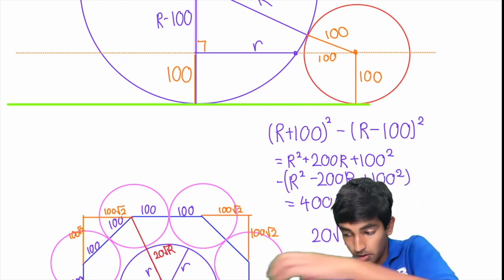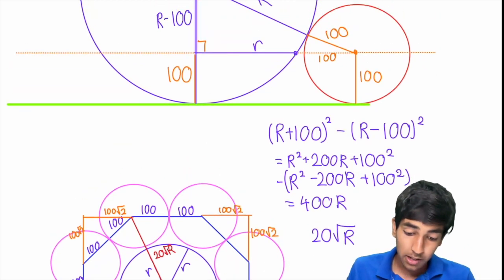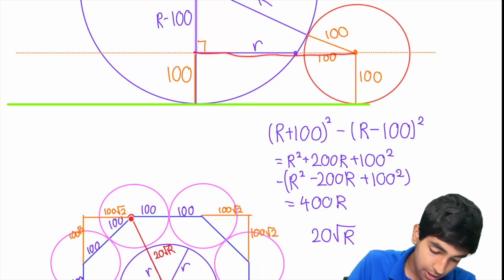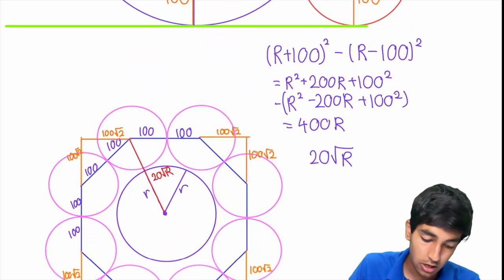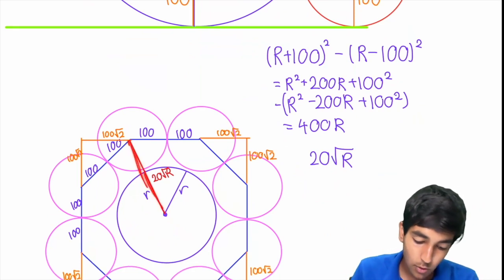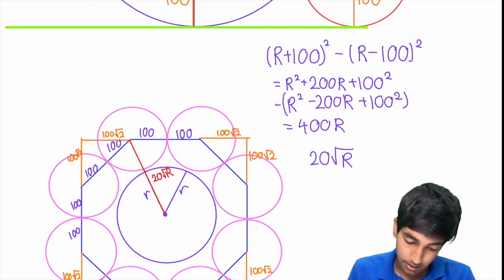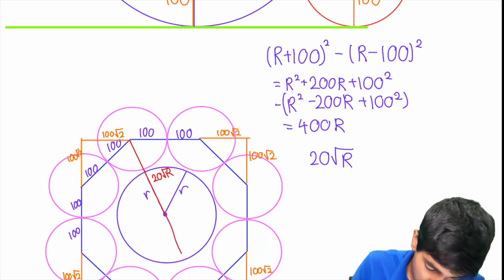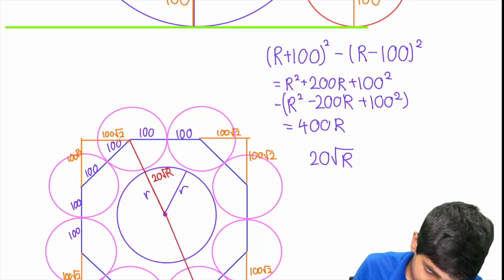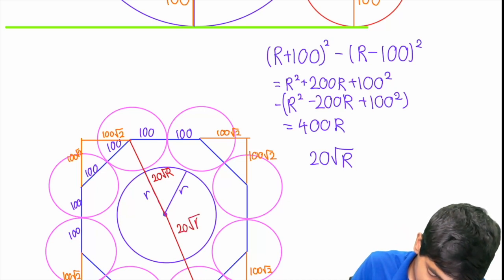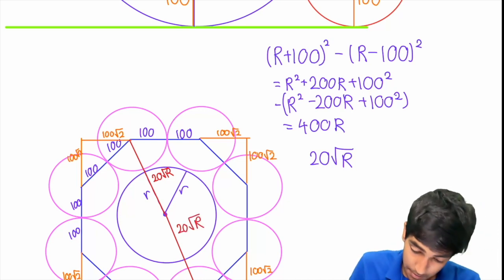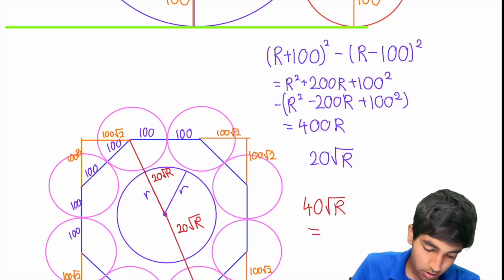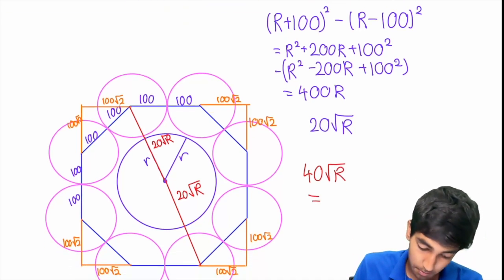So in order to relate big R into our cross section, we can find this length, the distance between the centers of the two circles, which in this case is 20√R. And then similarly, this will also be 20√R. So that means 40√R is equal to, well, Pythag.